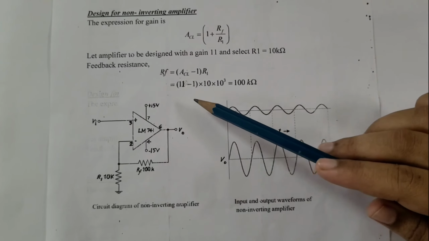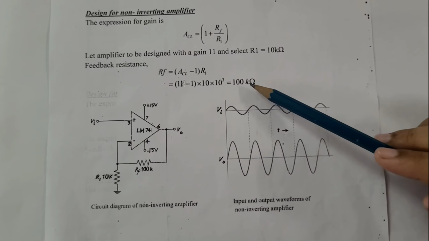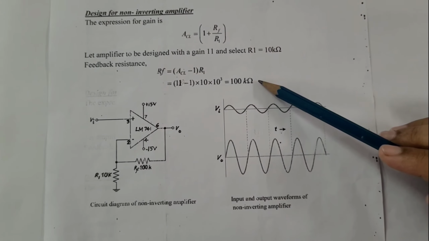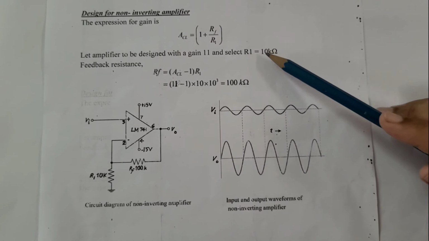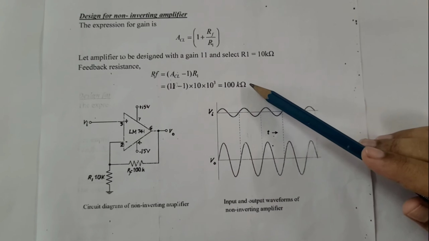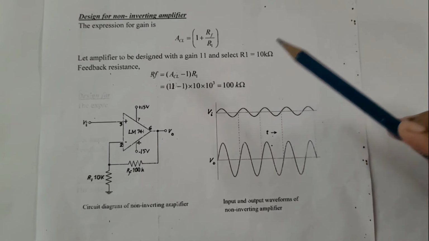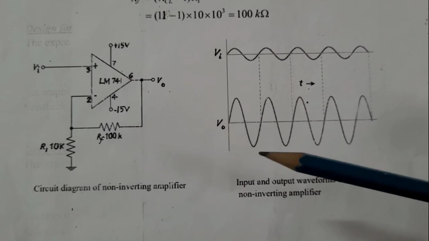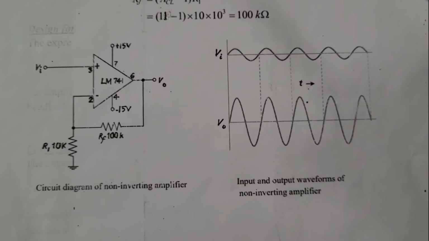So putting the value of R1 and gain, we will get the feedback resistance equal to 100 kilo ohm. Similarly, if we select R1 equal to 1 kilo ohm, then the feedback resistance will be 10 kilo ohm. So the output voltage will be 11 times the input voltage.